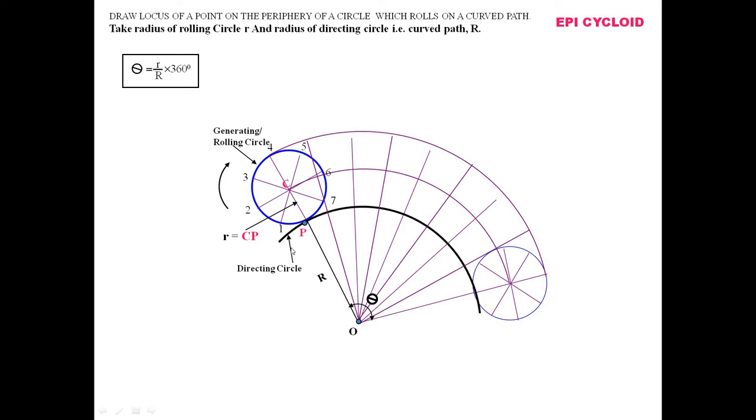So we'll draw the arcs taking radius as O1, O2, O3, O5, O6, O7. This is the arc drawn with center O and radius O3 and O5. This is the arc drawn from the center point O with radius O2 and O6. And this is the arc drawn from the point O having radius O1 and O7.